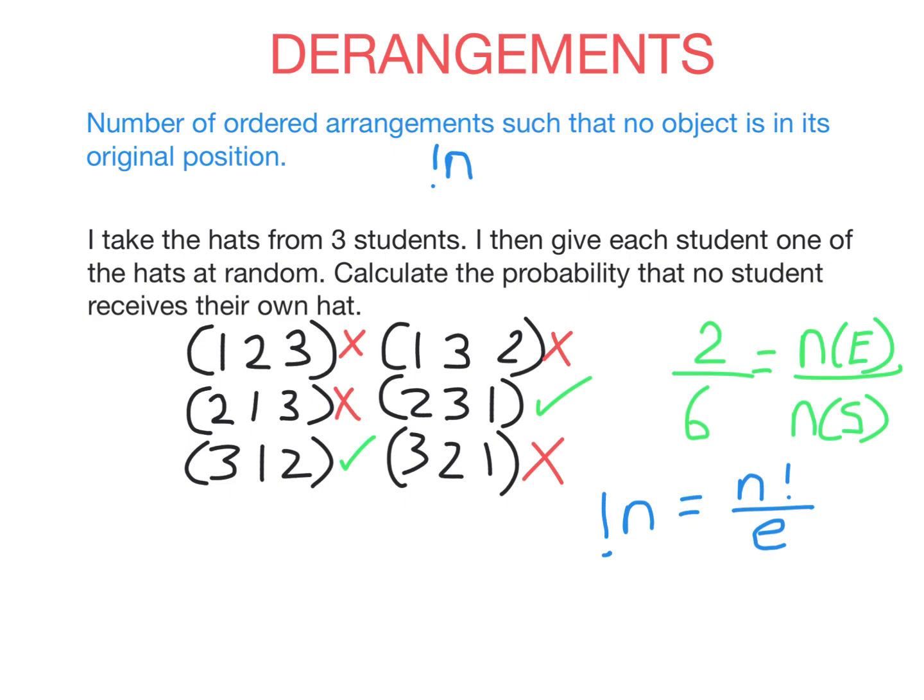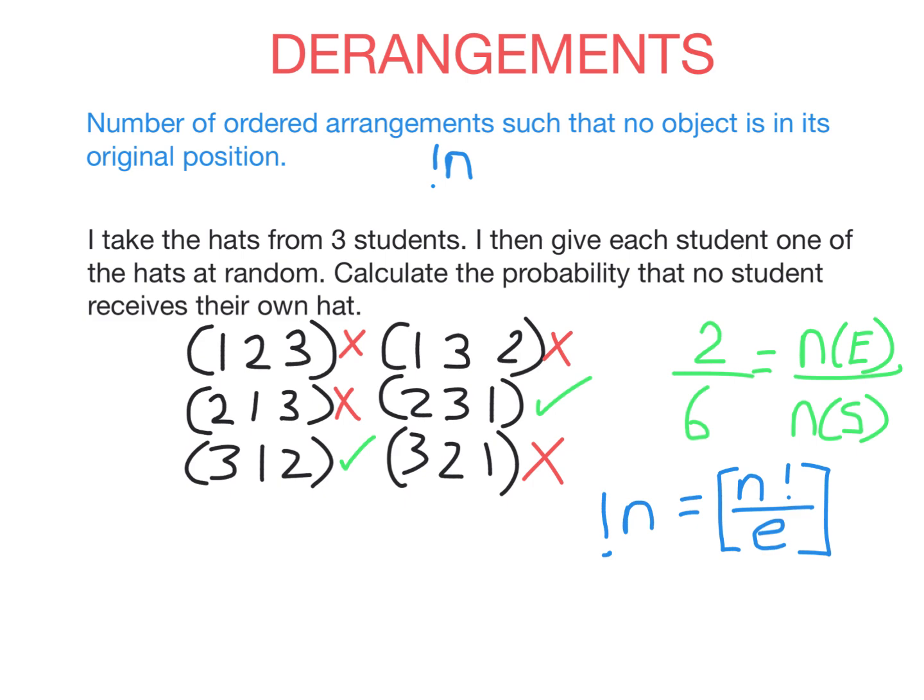So this will almost always not give you a whole number. So here we have the floor and the ceiling function. You just round this to the nearest whole number because the number of derangements must be a whole number.